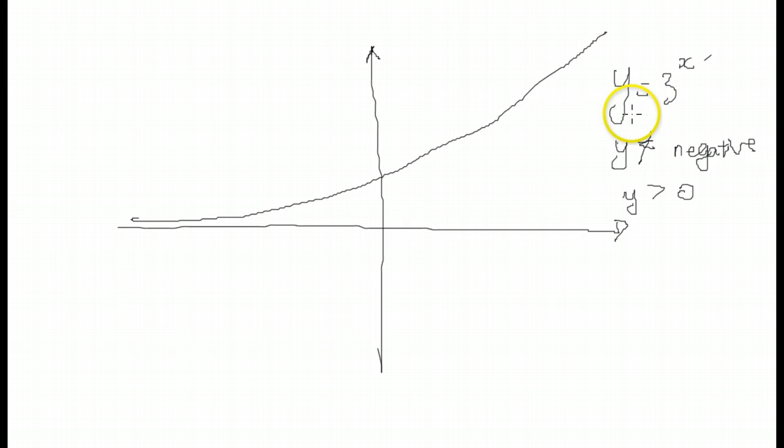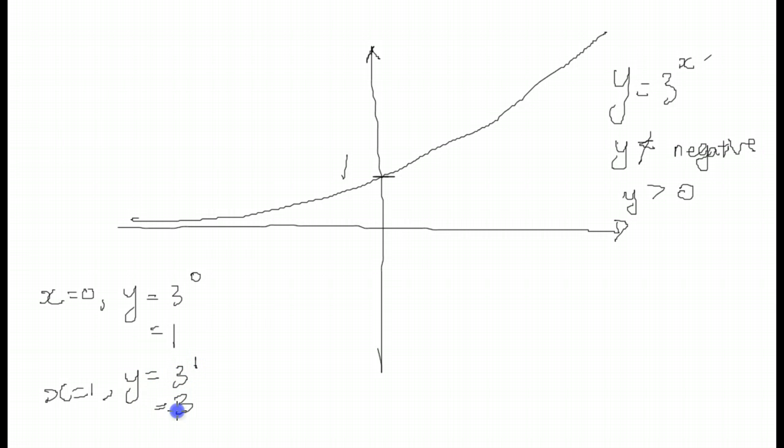So suppose we have y equals 3 to the power of x. We can find a value of y by substituting the value of x here. When x equals 0, y would simply be 3 to the power of 0, thus equals 1. Thus we know that this value will be 1. What about if x is 1? Y would be 3 to the power of 1, which is 3.